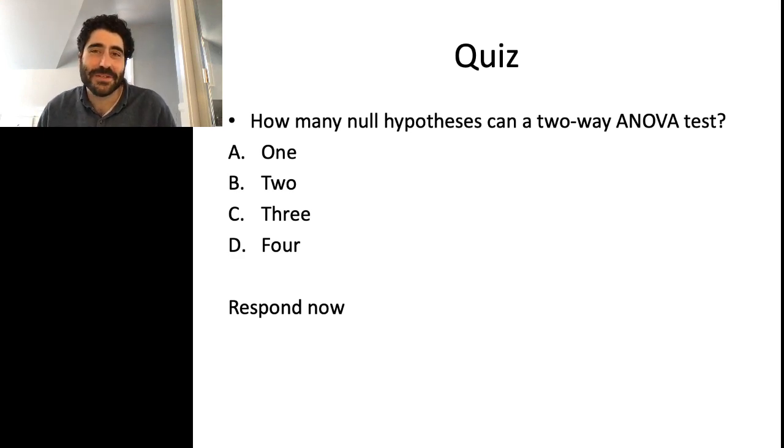So a 3-way ANOVA, there's 3 main effects we can test. And then there's 3 2-way interactions. It could be interaction between factors 1 and 2, or 1 and 3, or 2 and 3. And there actually also could be a 3-way interaction between all 3 factors, right? So these factorial ANOVAs start being able to test many, many null hypotheses, and we'll talk more about this on Tuesday as well.